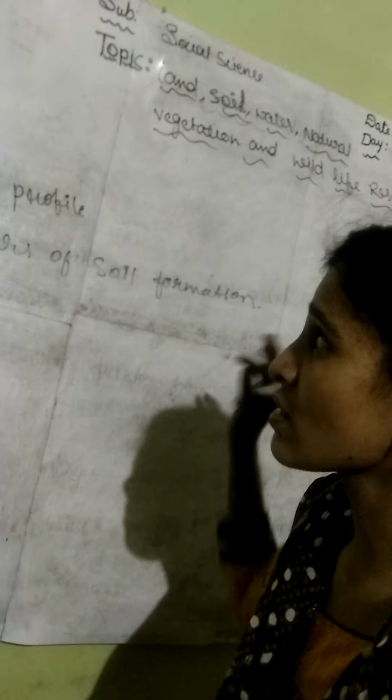Soil forms through the weathering process, and the right mixture of organic matter and minerals makes fertile soil.